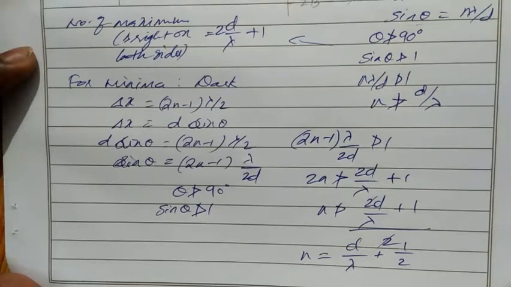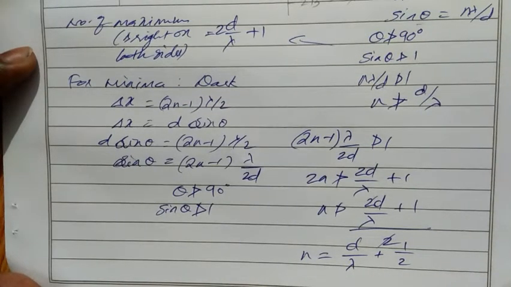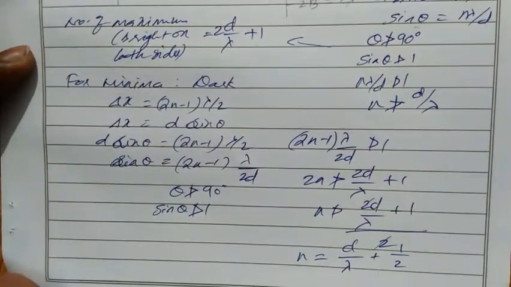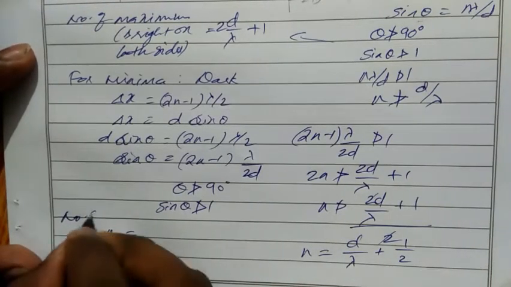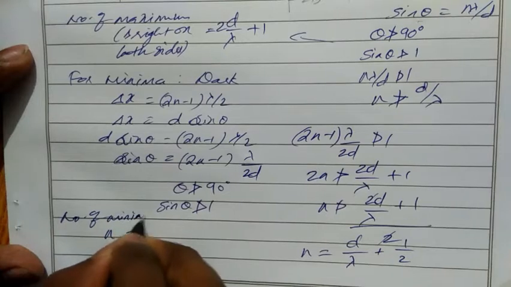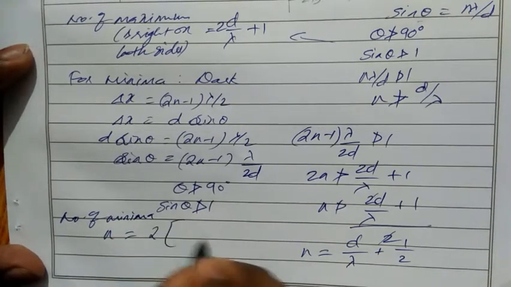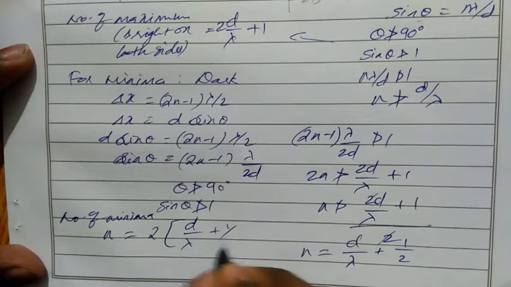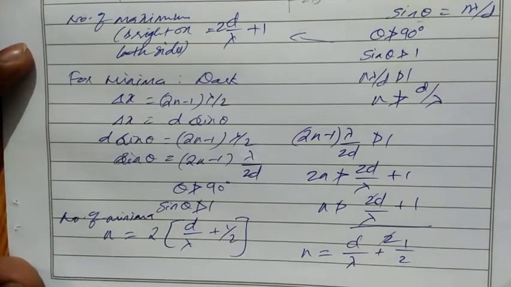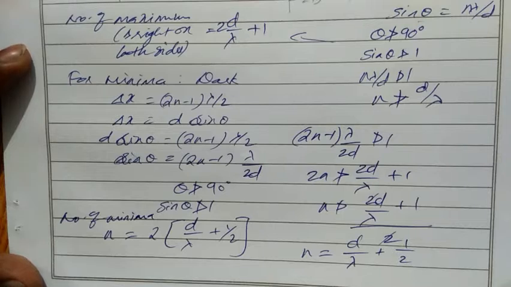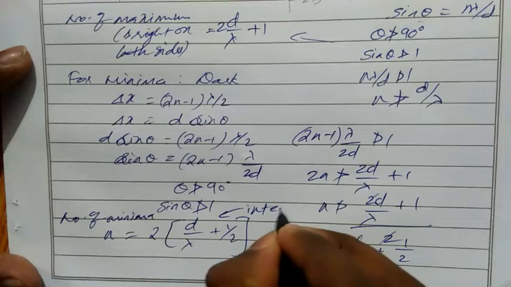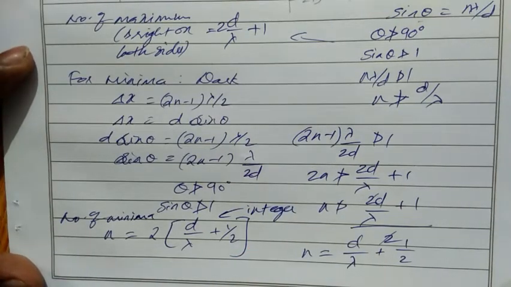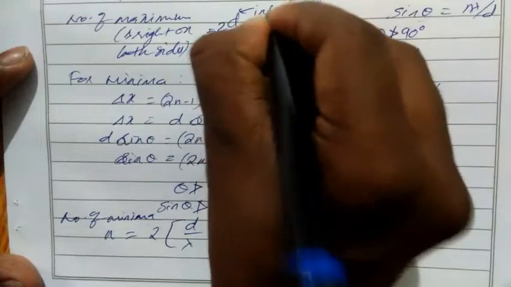So we have d by lambda plus 1 by 2 on both the sides, since both sides have dark fringes. So the total number of dark fringes, the number of minima, is 2 into (d by lambda plus 1 by 2). There is one condition: the inside value should be an integer, not a decimal value.